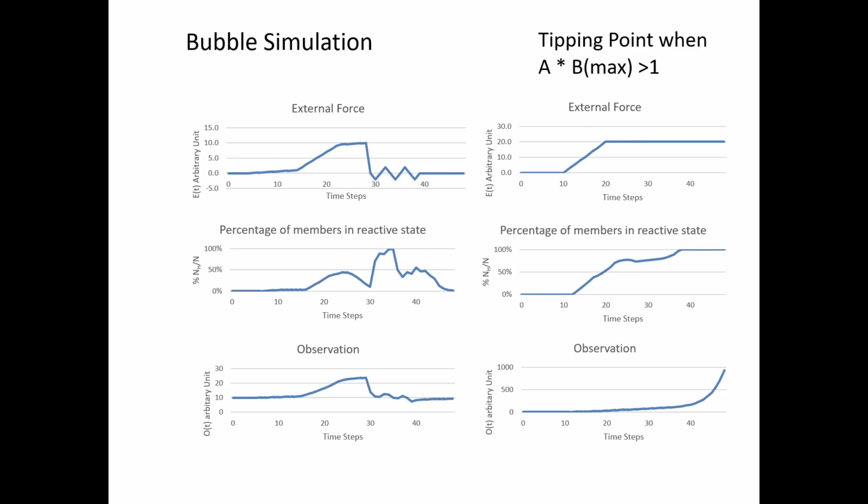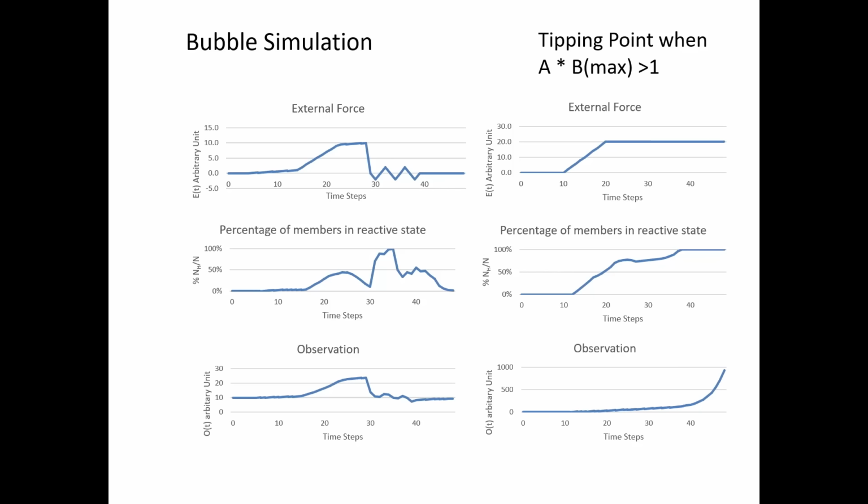So I further simulated the bubble process. When you have an external force, shown on the upper left, it ramps up, then comes down, then oscillates. The number of agents in the reactive state starts to peak, then also drops when the external shock diminishes.